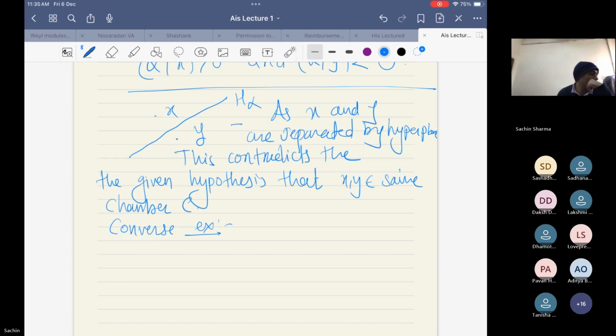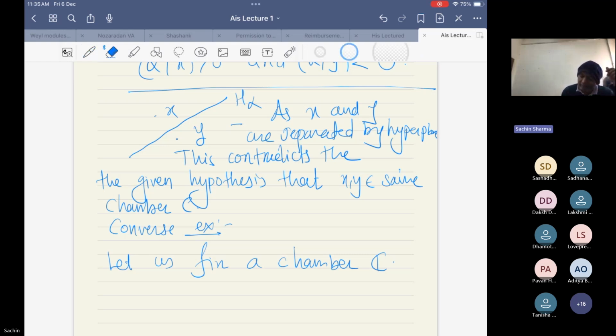Now let us fix a chamber C. So what we'll have is R is nothing but R plus union R minus.